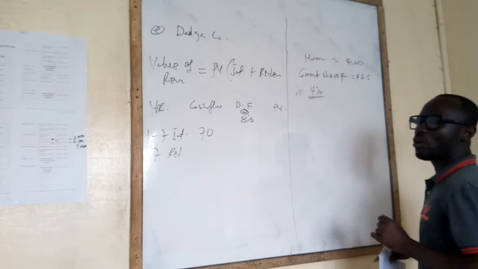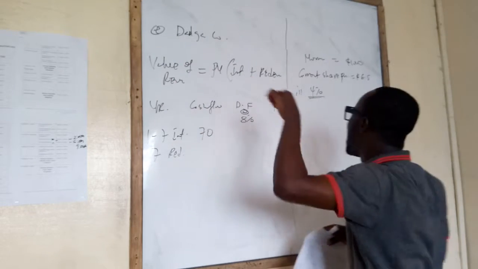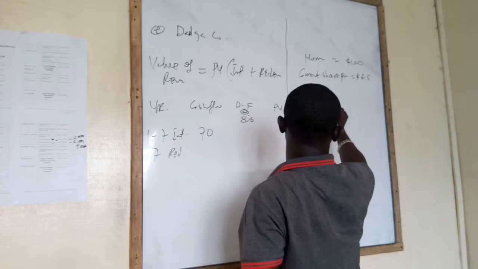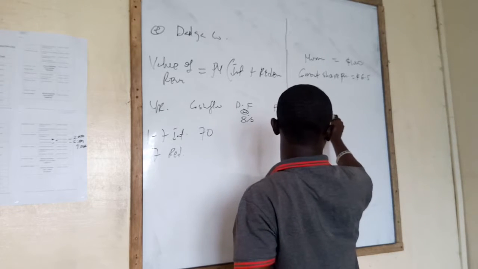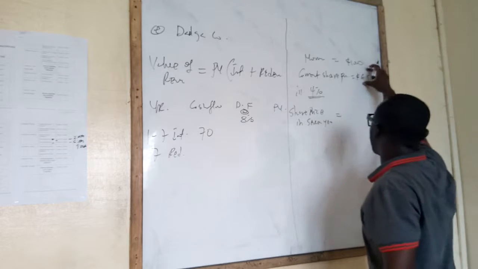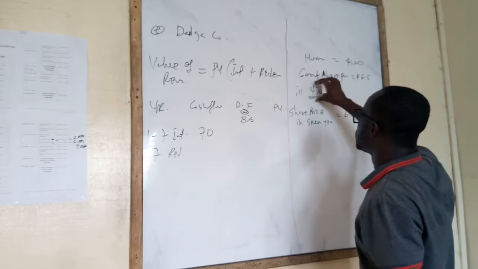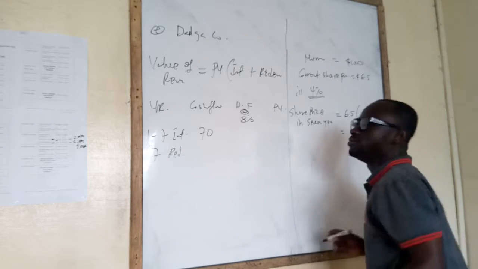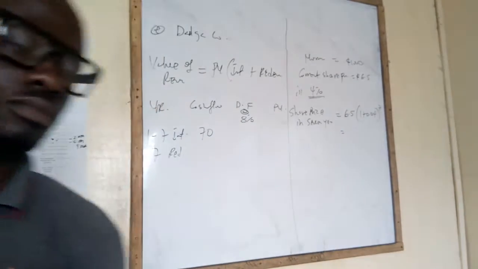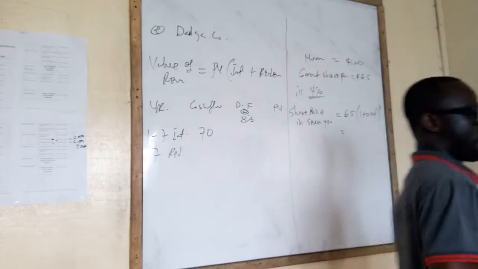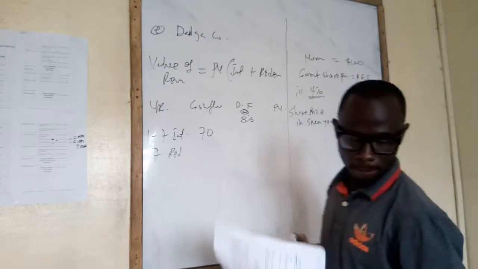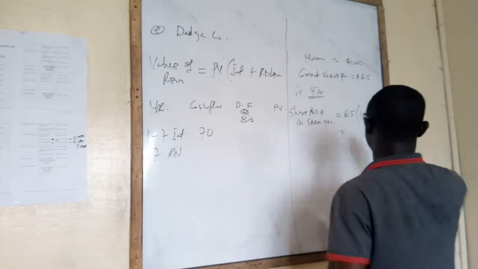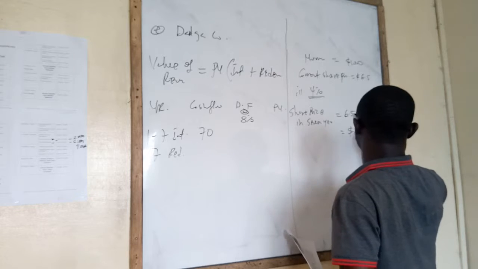4%. So if share prices are growing at 4%, then at the 7th year, what will be the market value of the shares? So share price in 7 years' time will be the current share price 6.5 times bracket 1 plus 0.04 to the power of 7. Giving us 8.6.